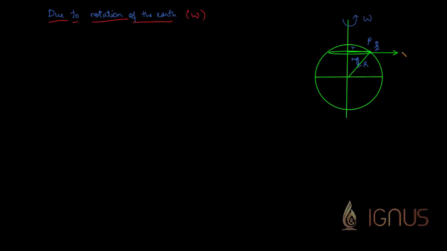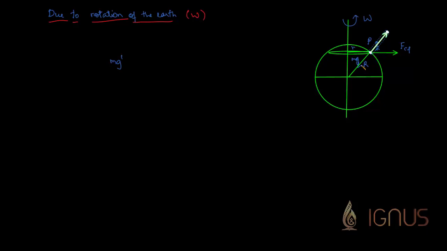So let me draw that force in this direction, which is nothing but, let me write it as FCF. So therefore, let me write mg dash, that is the apparent weight of this person at this point. So whatever component of FCF will be in this direction, that is to the normal, will decrease mg.